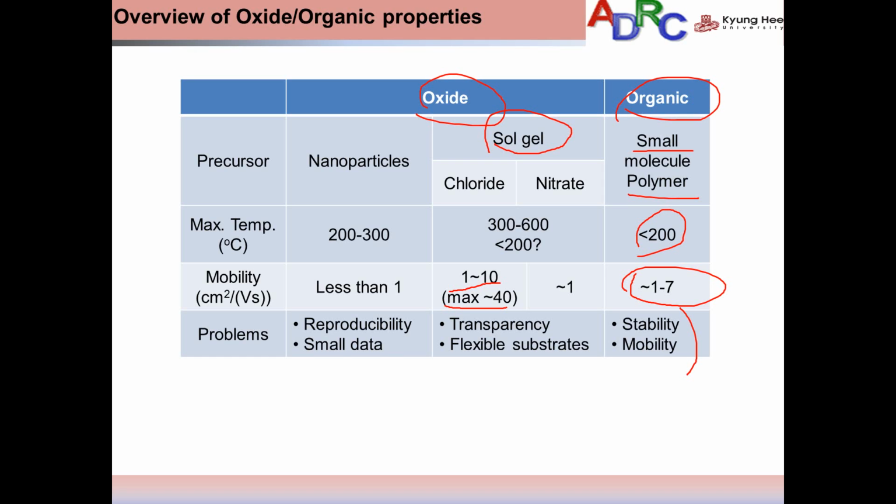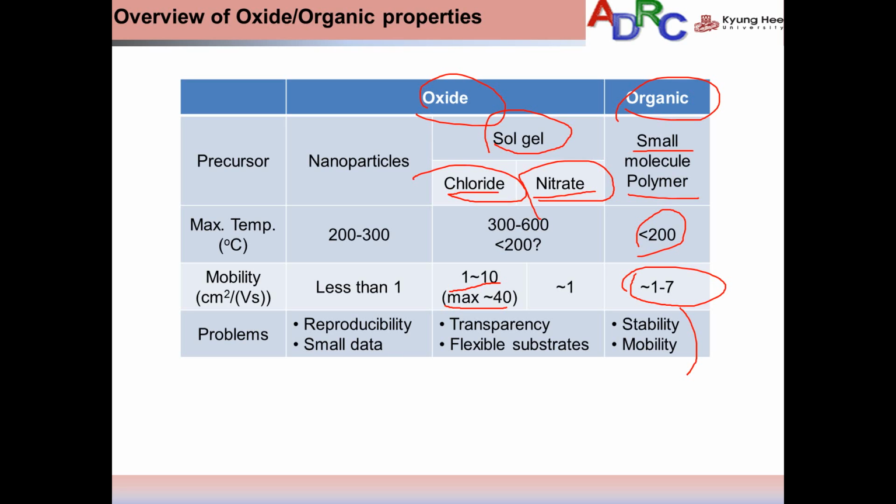This zinc and tin will form some complexes or something else. Then you will deposit this solution of zinc and tin, and by annealing they will form oxide semiconductors. So there have been two families of precursors, chloride and nitrate basically. These have been the two main options. New precursors have been introduced, but I will just introduce these two families which have been widely studied.